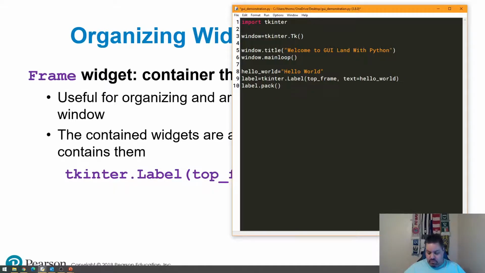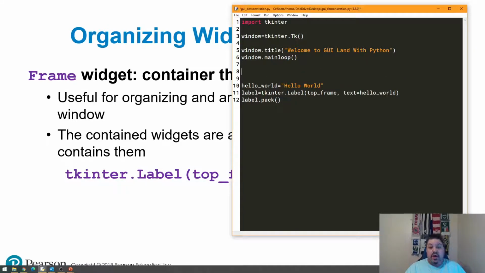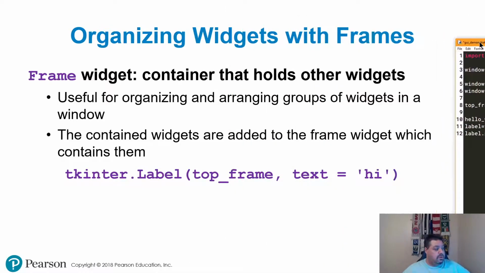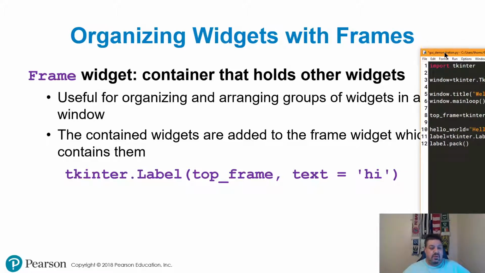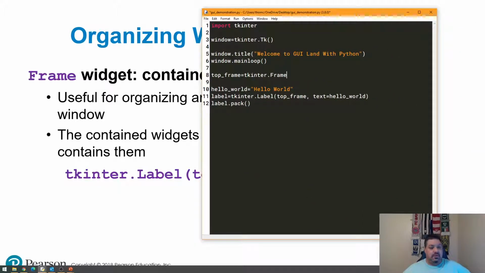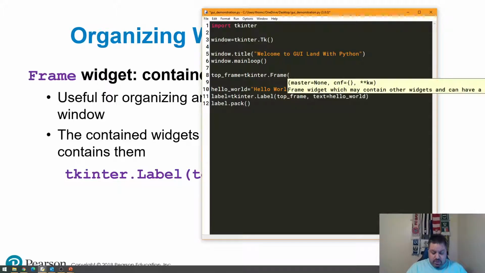After our window here, let's use this frame command, right? So we'll say top frame equals tkinter.Frame, which is a container that basically holds other widgets for us. It's an invisible holding container for where we're going to put our stuff. Like any other widget, though, it needs to know where to go. So frame is going to go in window.